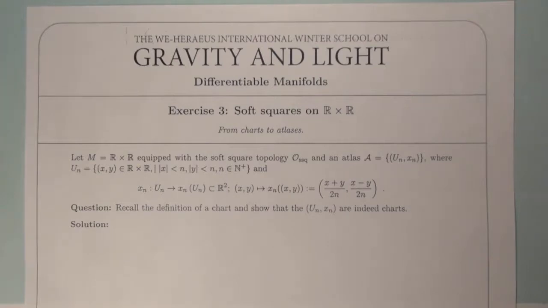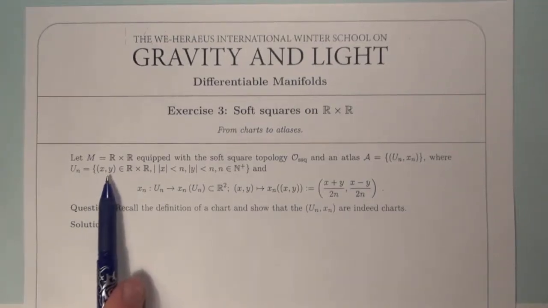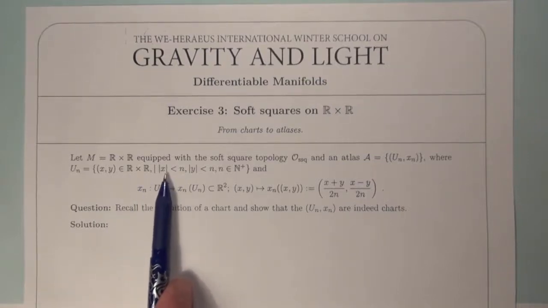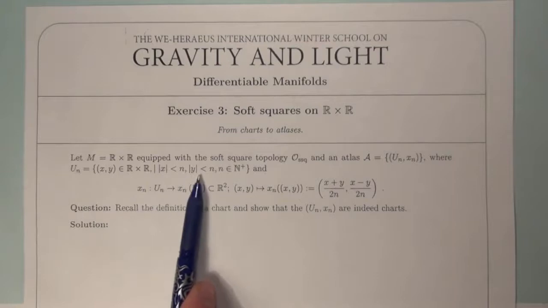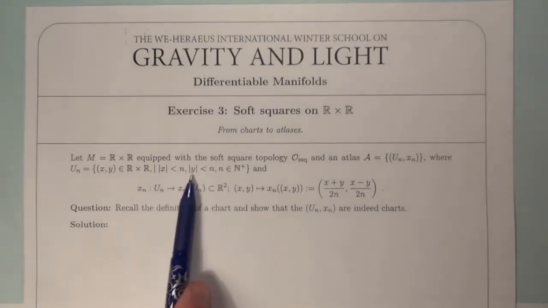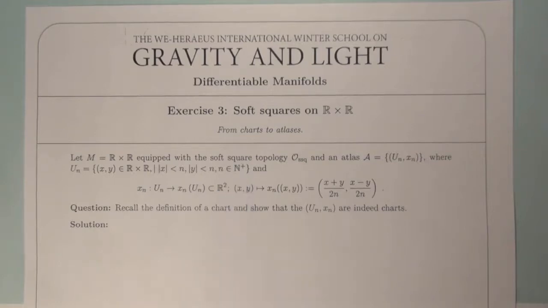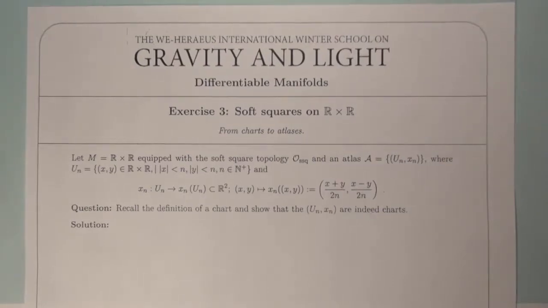And these U_n are given by the soft squares that also define the soft square topology. That means all tuples in R cross R where the absolute value of each of the entries is smaller than some n, and here we just consider n from the positive integers. Therefore just positive integer numbers.